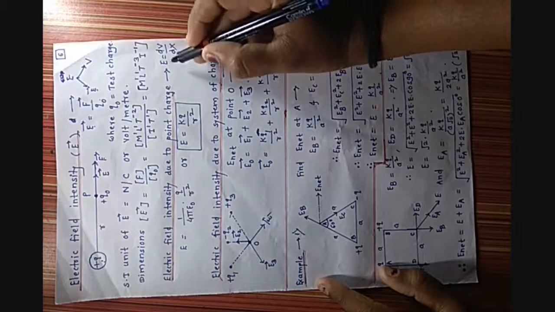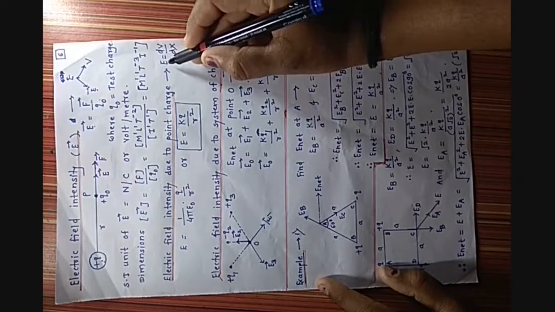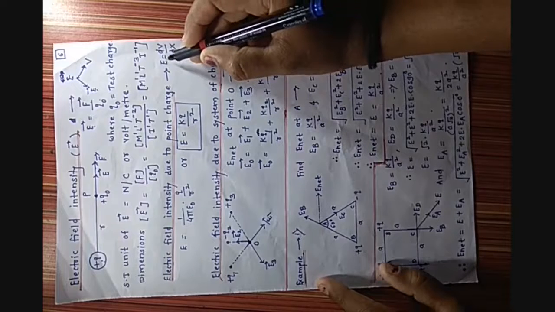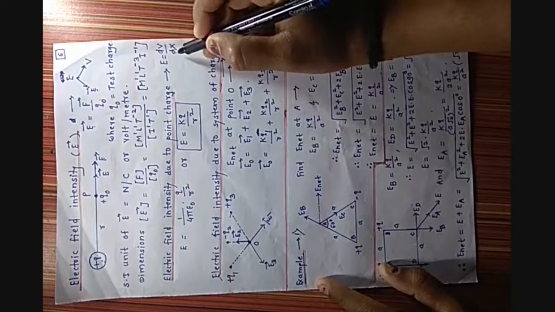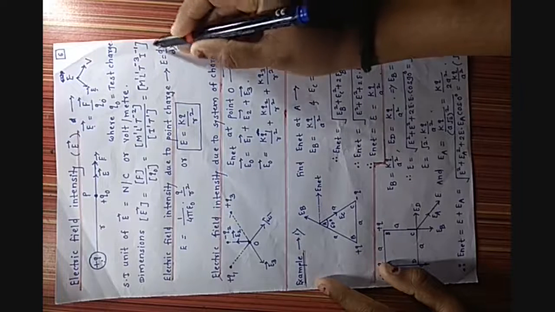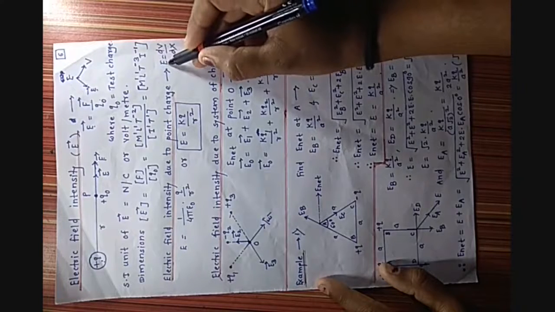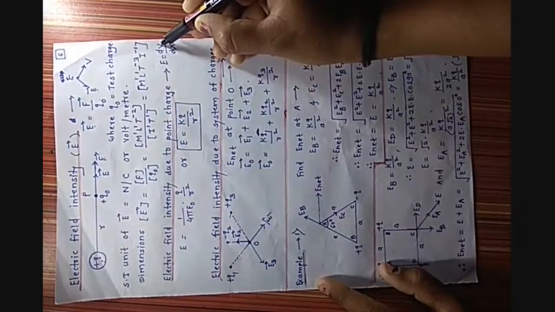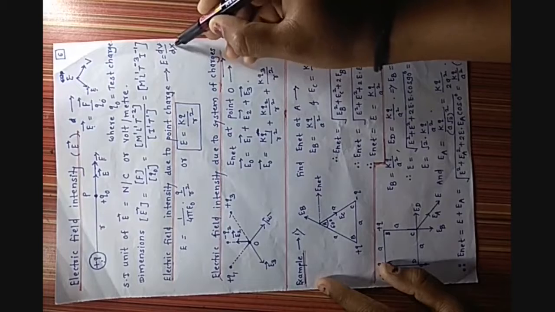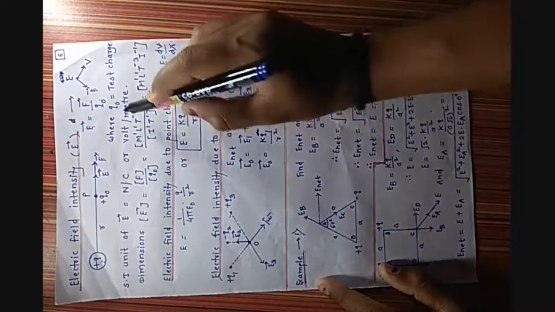This is another formula to calculate the electric field intensity, or this is nothing but the relation between electric field intensity and the electric potential. So from this formula we get the unit of electric field intensity as volt per meter. Potential has unit volt, and distance is meter, so volt per meter.